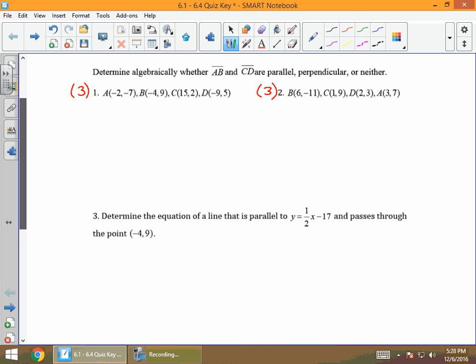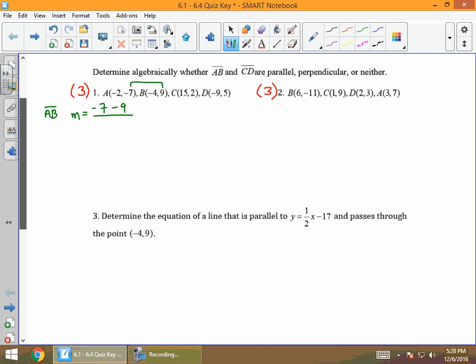So what I'm going to do is find the slope of AB. The slope is y2 minus y1 over x2 minus x1. So I'm going to take my two y's, negative 7 and 9, and I'll subtract them: negative 7 minus 9.